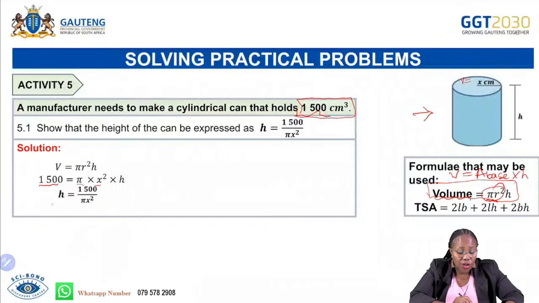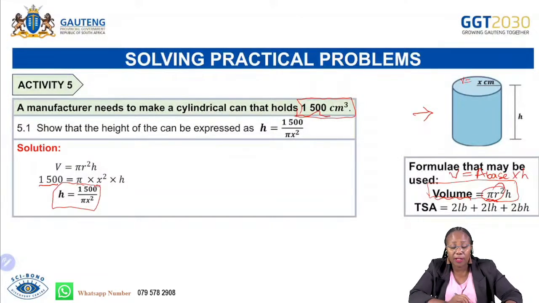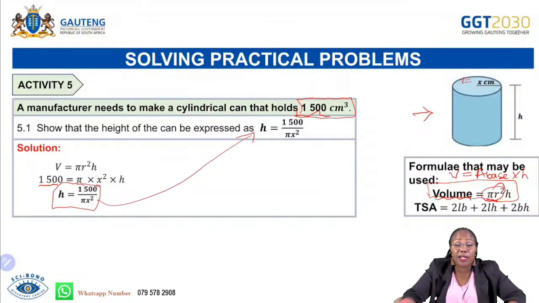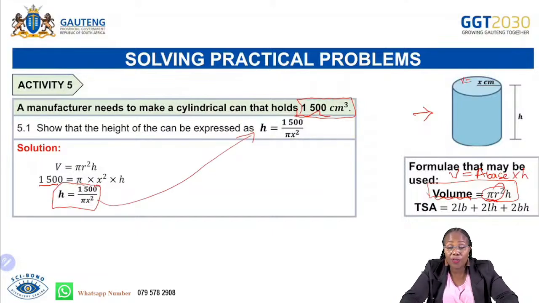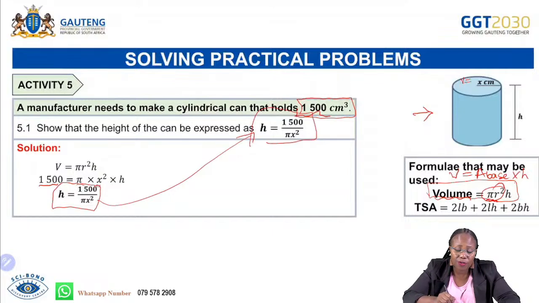And then now h will be 1,500 over pi x squared. That is the height in terms of pi x squared. Can you see, grade 12? This is exactly what is expected from you, because the answer was already given to you. Yours was to show, is this answer true? Okay. Moving on.